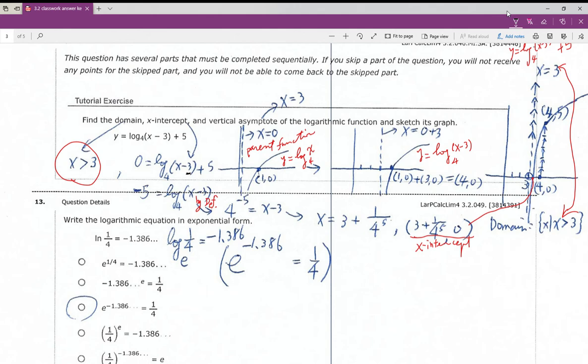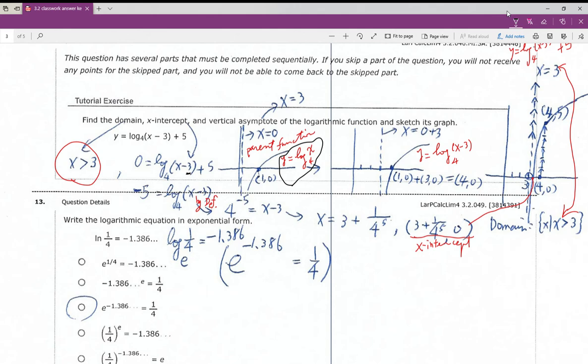And then your parent function means you don't take away 3, you don't plus 5. So your parent function will be y equals this. Now your parent function you need to memorize.